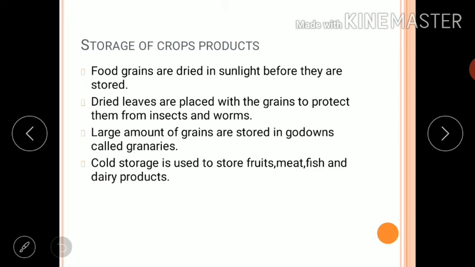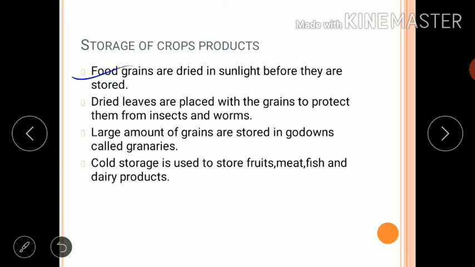Now, after these crops are harvested, how can these grains be stored? These food grains are dried in sunlight first before they are stored. This is done to prevent the growth of molds.